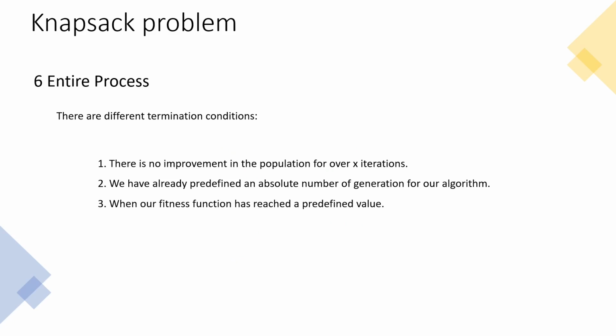So there are different termination conditions for genetic algorithms. There is no improvement in the population for over X iterations, for example. Then you can basically terminate, or we have already predefined an absolute number of generations for our algorithm. Let's say we will have 100 generations and then we just terminate.